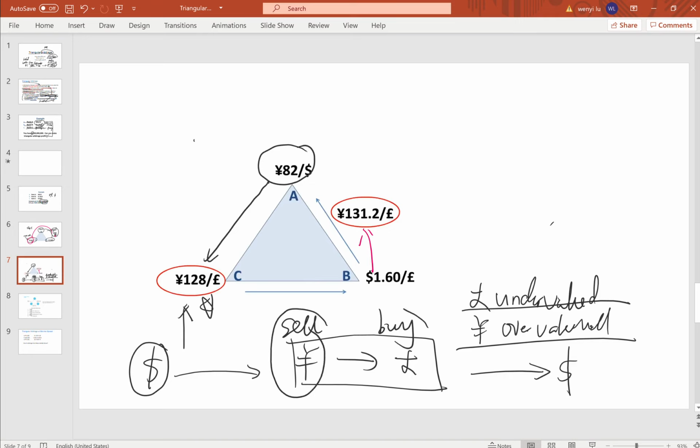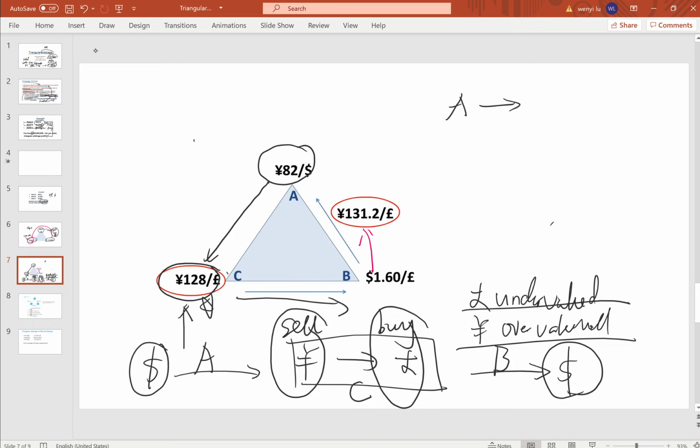To buy the pound. So this one. Last one we will sell the pound to buy the dollar back. So this is in A, this is in C, and this is in B. So our path is from A to C to B.